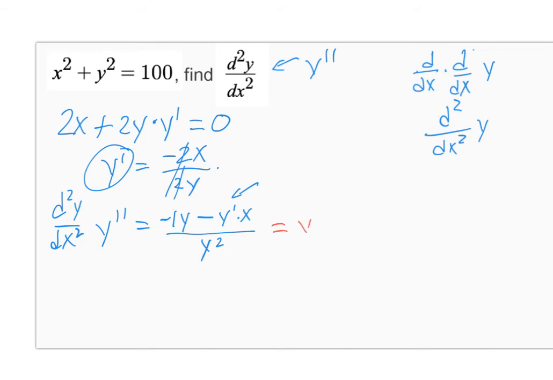So I'm going to rewrite this as y double prime is equal to negative 1y minus, we said that was negative x over y times x all over y squared. I'm satisfied with you stopping here. You might be able to simplify some stuff if you go a step further, but I'm okay with you just leaving that alone.